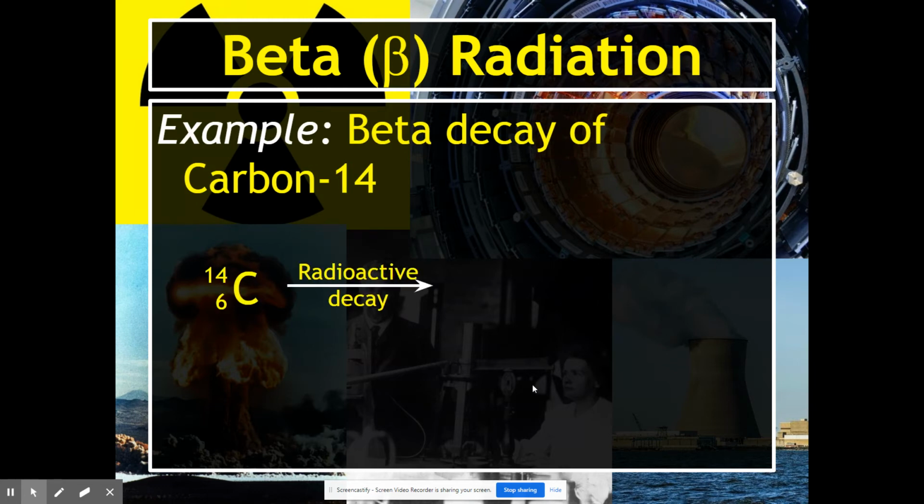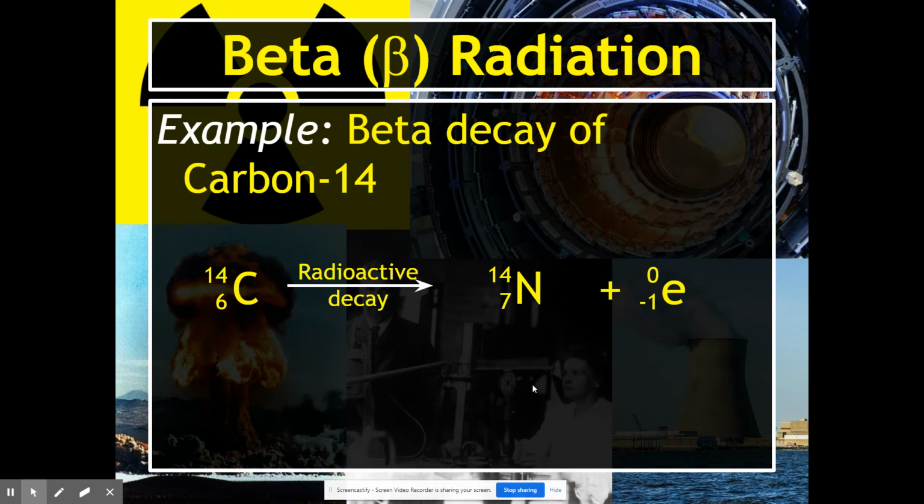Here's an example of beta decay of carbon-14. So we start with carbon-14. It spontaneously goes through radioactive decay, forms an entire new element, nitrogen-14 with atomic number 7, and we end up with 1 beta particle as well.